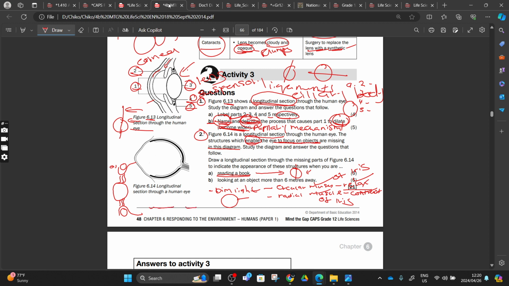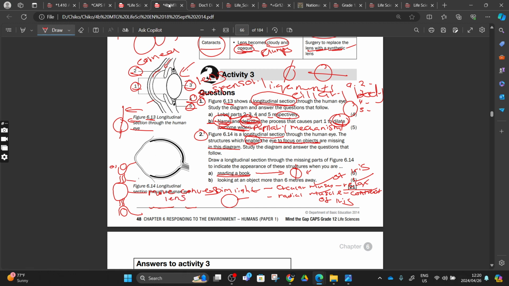Here we are going to write a longitudinal section of the part, or you are just going to write accommodation. Simple. You can write accommodation of a closer object, right? And then there you are going to label this. Here we are having a more convex lens, or bigger lens, right?